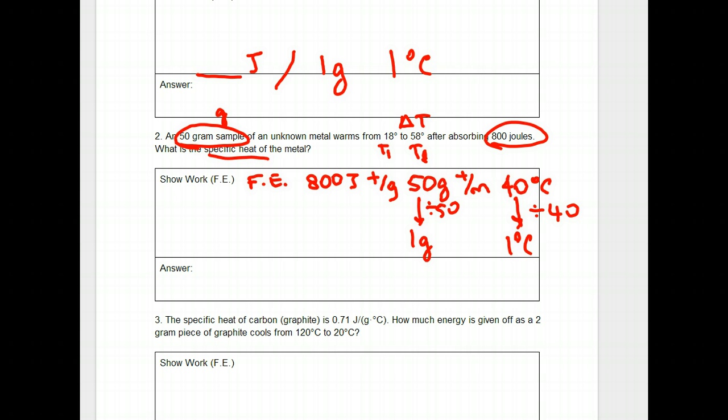So dividing by 50 and dividing by 40, what we're essentially saying is it's 800 divided by 2000, and we get 0.4 joules to get 1 gram of the metal to move 1 degree Celsius. So this right here is our specific heat.